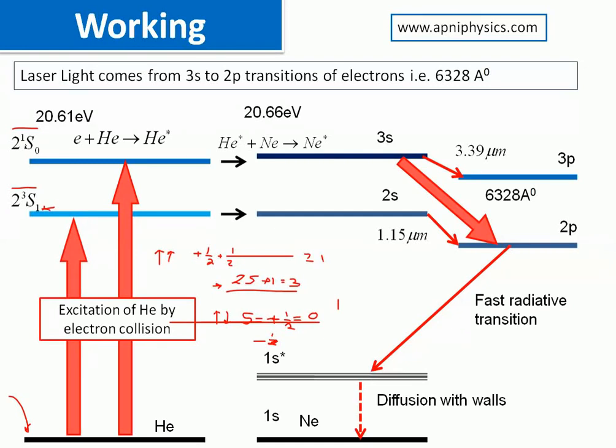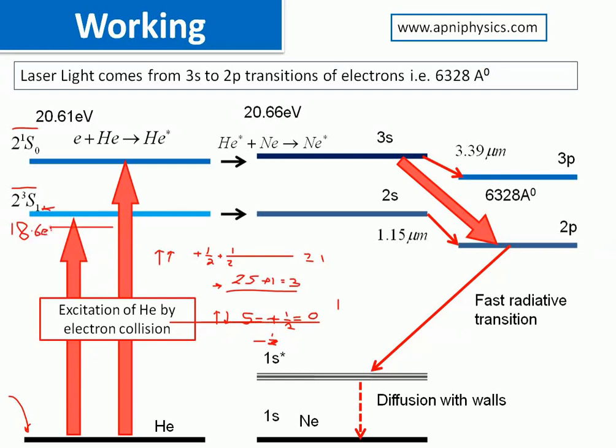So this is the singlet state and this one is the triplet state. The energy of these two different states of the helium atom is about 18.6 electron volt.